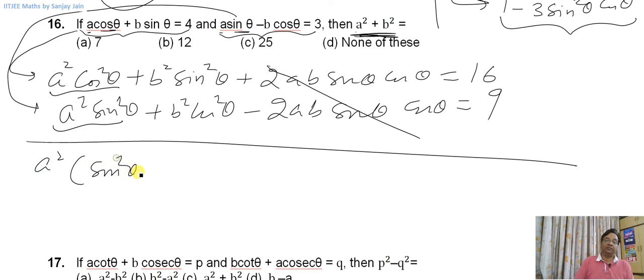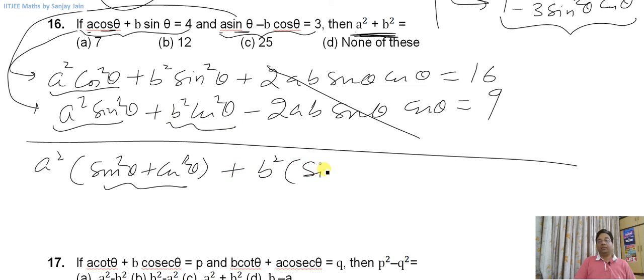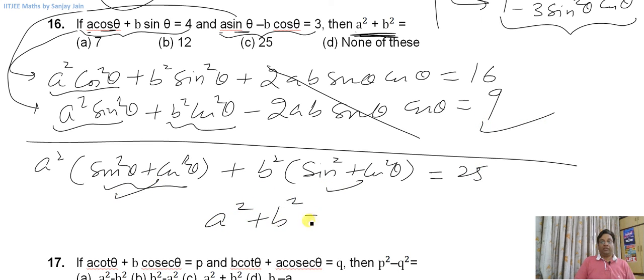Inside I'll have sine square theta plus cos square theta. This was my purpose, right? To bring it in this form, because I can simply replace sine square theta plus cos square theta with 1. And the second terms will give me b square into sine square theta plus cos square theta inside the bracket, and on the right hand side I'll have 25. So this is 1, this is 1. So a squared plus b squared is equal to 25, which is your option C.